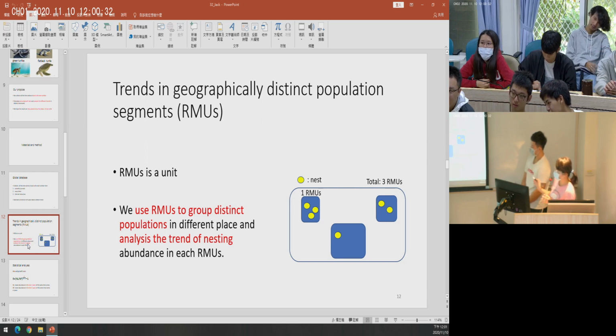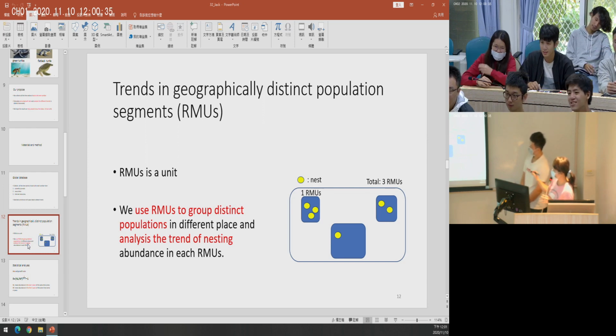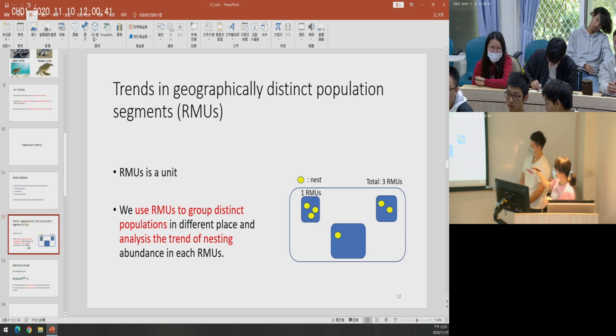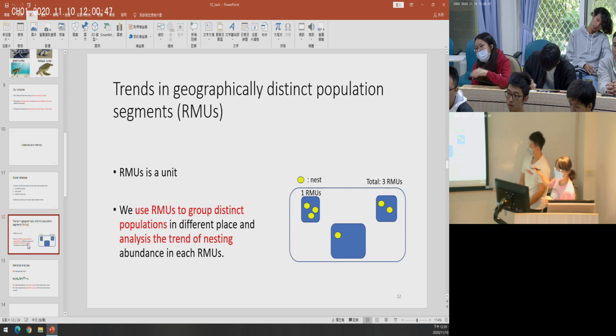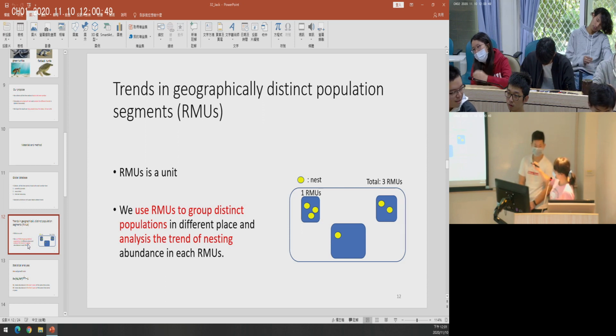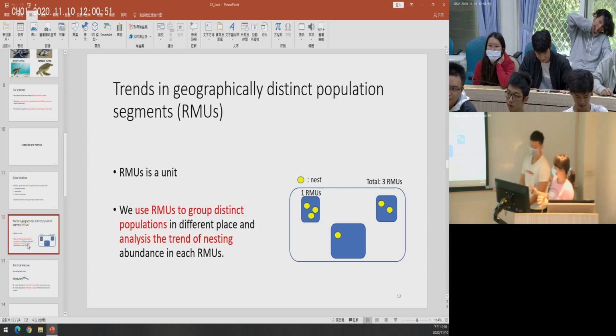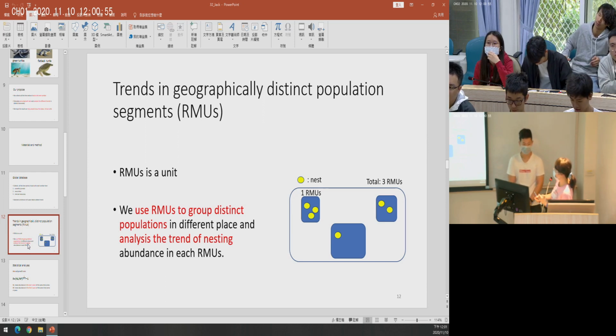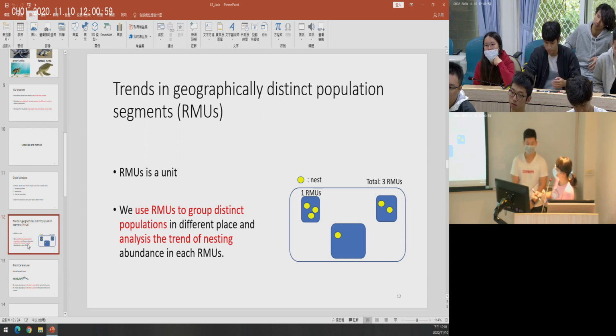And you say one RMUs with a plural S, which is confusing; usually it's one RMU or three RMUs. Anyway, this cartoon is not clear to me. So I hope next time you can improve your clarification.